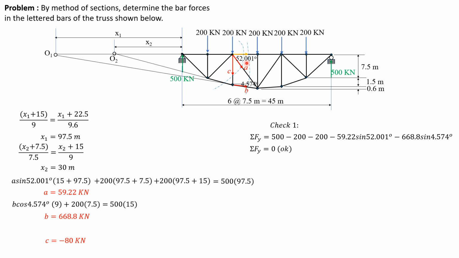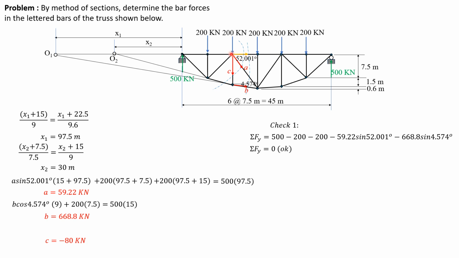To solve for the bar force of A, we consider this section here, and the other two unknowns are the bar force of this horizontal member and this inclined member B here.